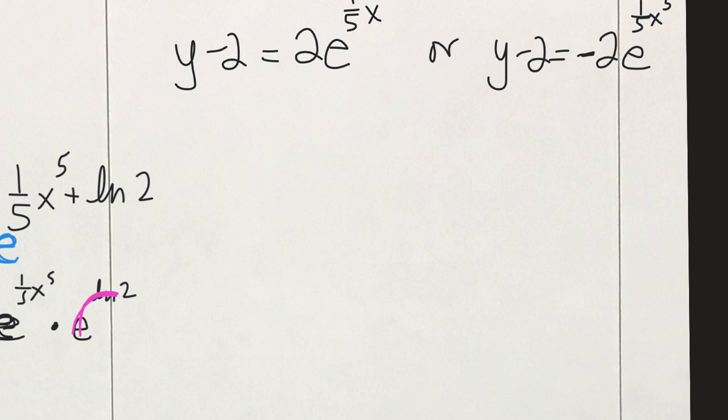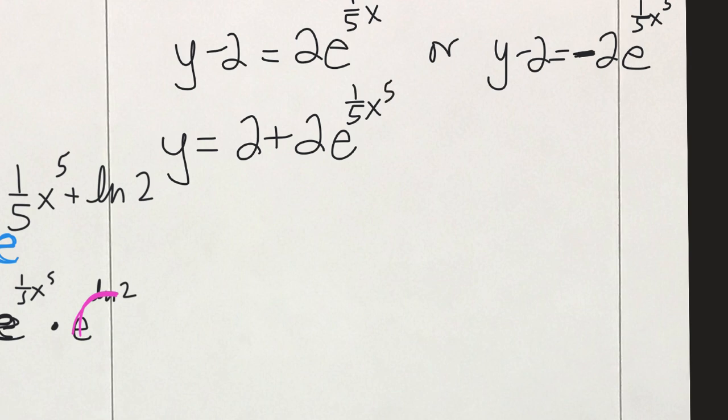When we have an absolute value, we split it into two equations, one positive and the other negative. When we add 2 to both sides, we get 2 plus 2e to the 1/5 x to the 5th, or we get 2 minus 2e to the 1/5 x to the 5th.